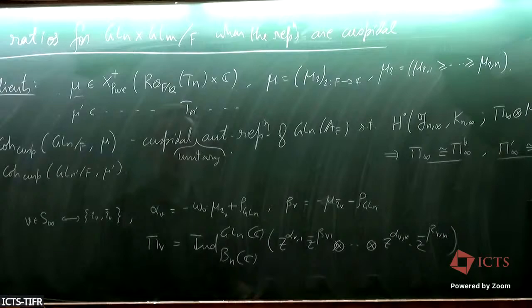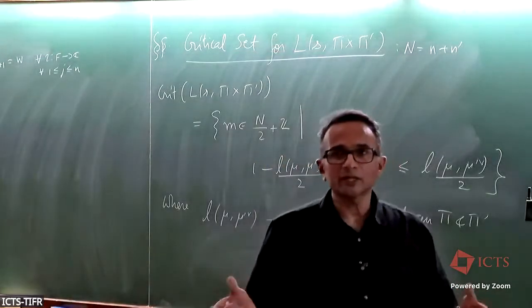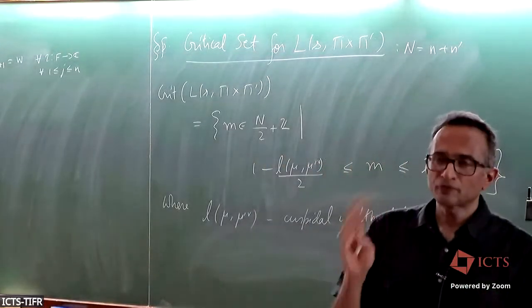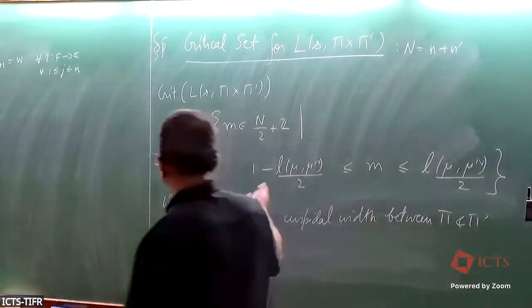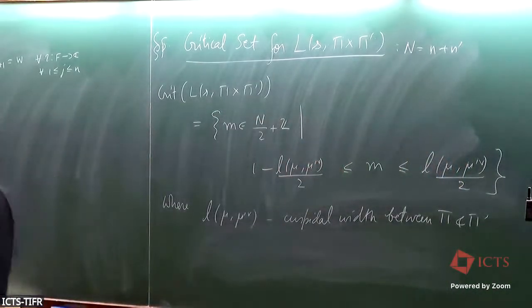A point is said to be critical if the gamma factors on either side of the functional equation are finite, no poles. And we know where the poles of the gamma function are located.